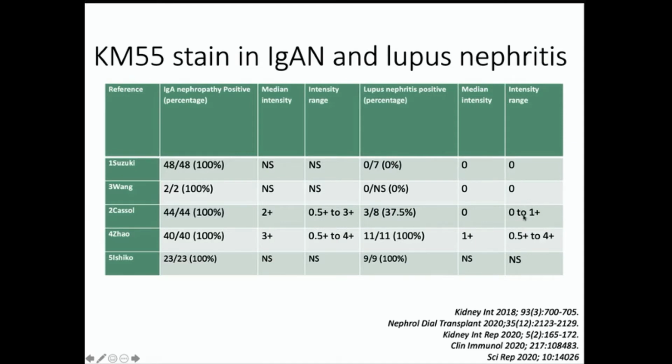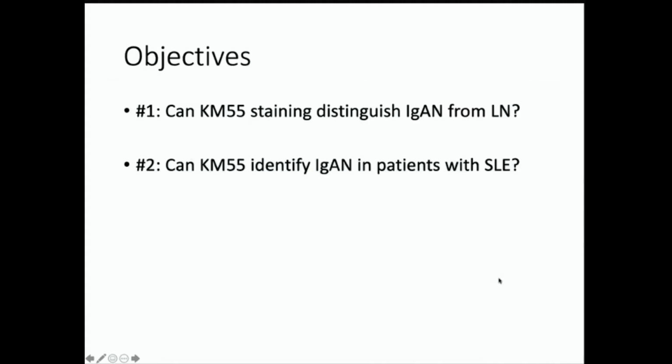The brightest is 1+. However, in this study performed in China, the intensity ranges from 0.5, which is trace, to 4+. So that means there are truly some positive staining. Okay. So actually, this finding is very exciting.